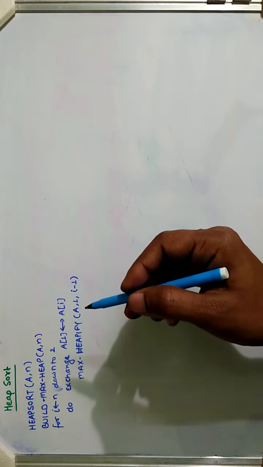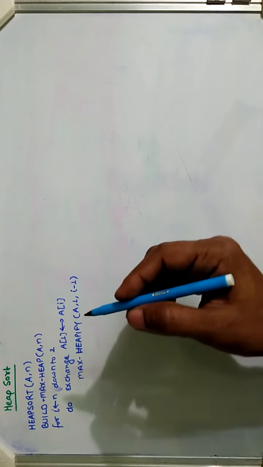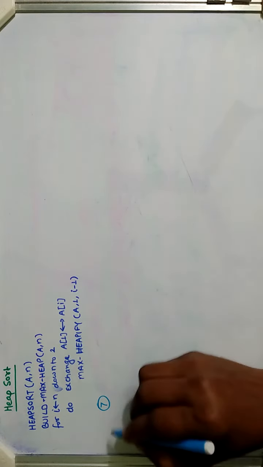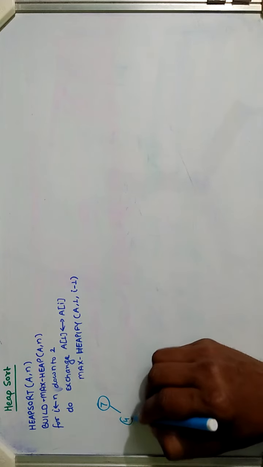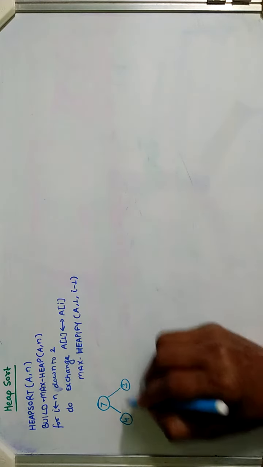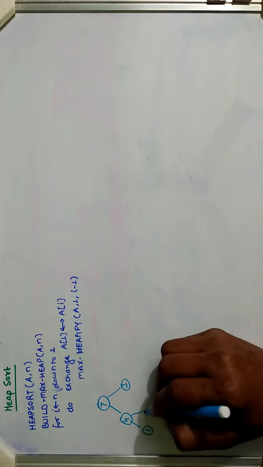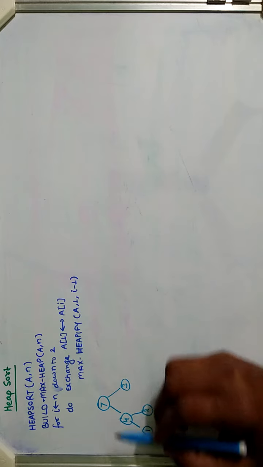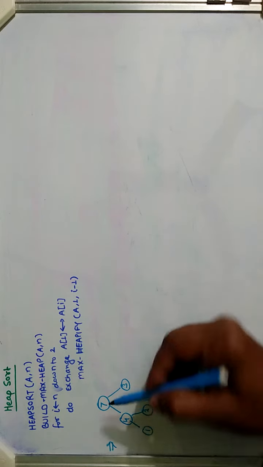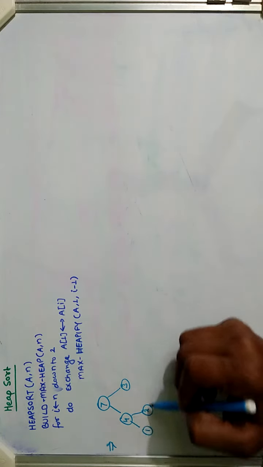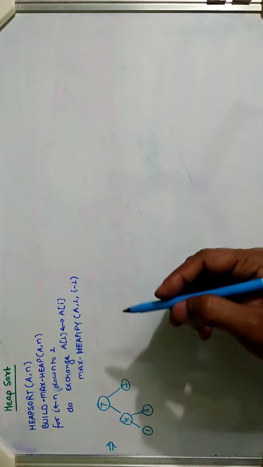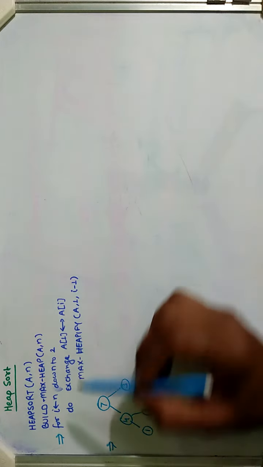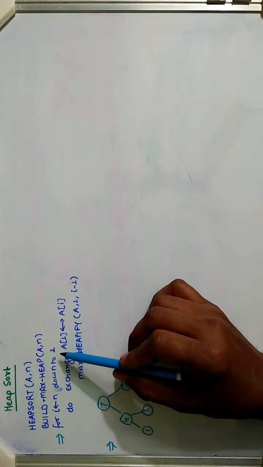Now let's take an example and try to understand this procedure. Suppose we are given a complete binary tree with 7, 4, 3, 1 and 2. Let's assume it is already a max heap, so all nodes satisfy the max heap property. We start from line number 3, which says for i equal to n down to 2.